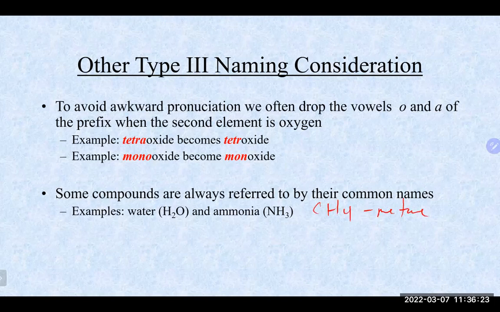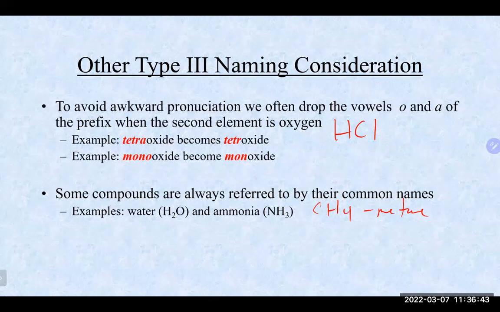Now, let's talk about one other exception, which is hydrogen that comes first. If we had something like HCl, hydrogen is a nonmetal, Cl is a nonmetal. In your head, you might think I should use type 3 naming. But for a lot of reasons that we're going to talk about in later chapters, hydrogen that comes first is almost treated like a type 1 compound, even though technically it's not a metal.